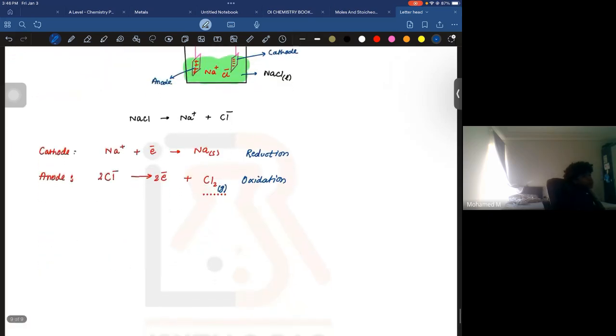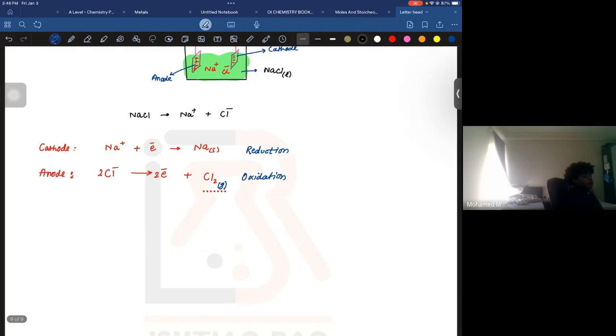First of all, write down all the equations: first how the compound breaks down, then the reaction at the cathode, and then the reaction at the anode.